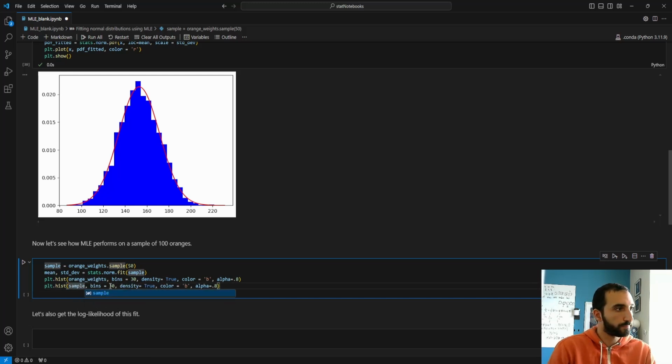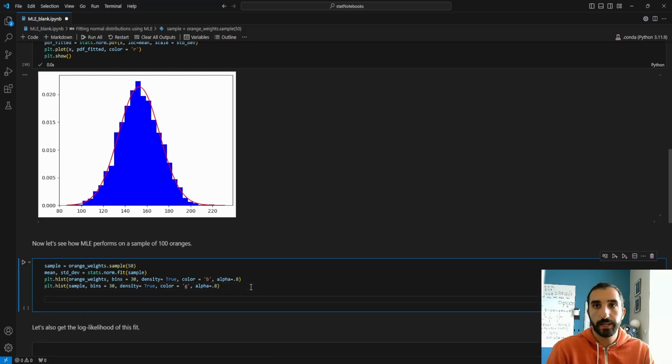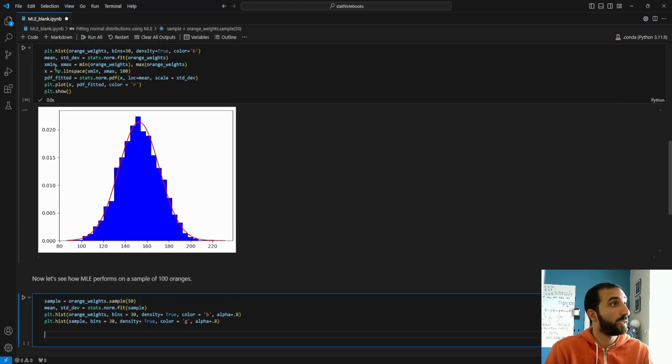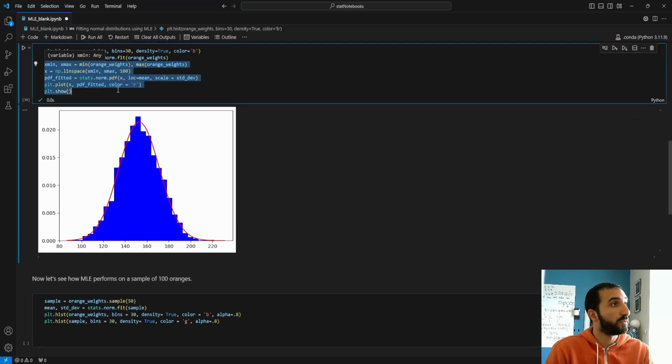Plot the sample in green, and now let's go ahead and again plot the normal distribution, but now it's fitted to the sample. Okay, so I'm going to copy and paste all of this as before.